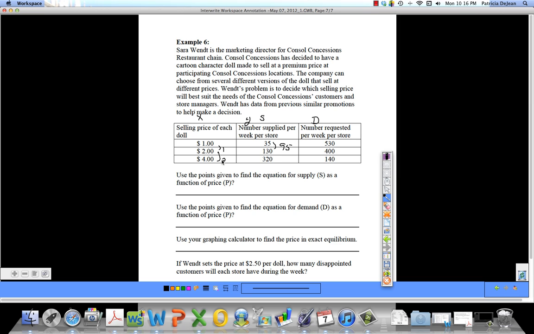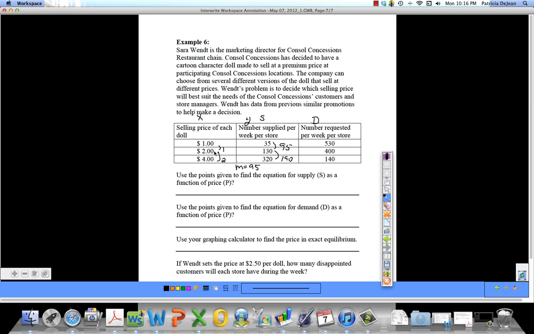This difference is 2, and this difference is 320 minus 130, so that's 190 here, and if I get the slope by dividing 95 by 1 and 190 by 2, that's consistent, so the slope is 95. So the slope here, between here and here, m is 95. 95 over 1, 190 over 2.